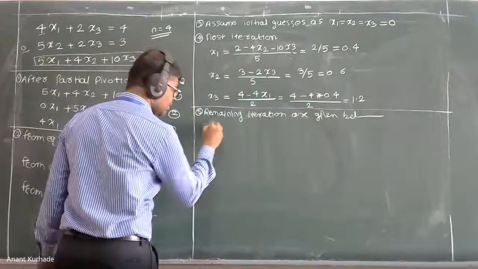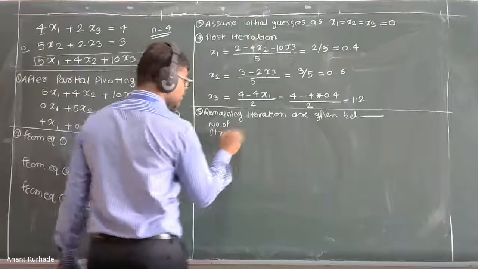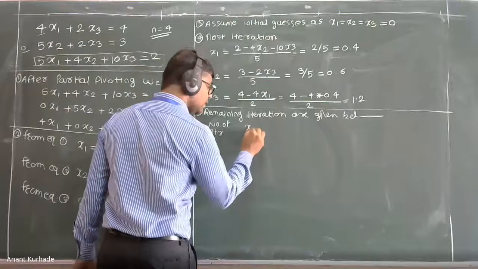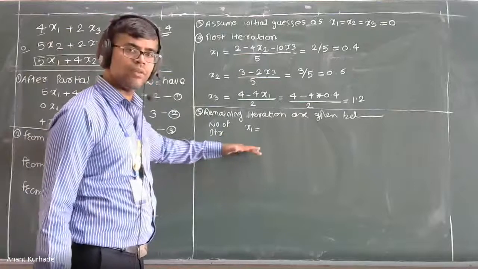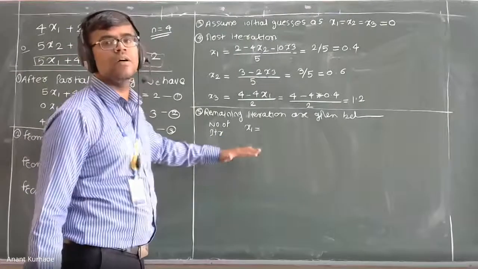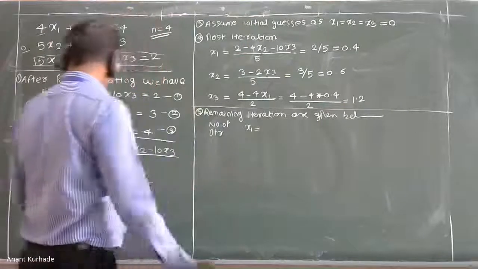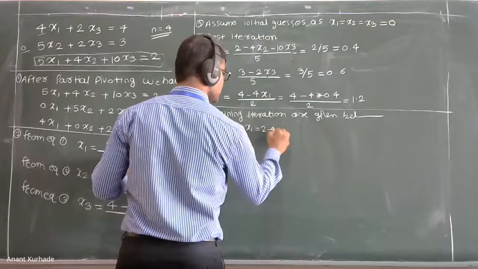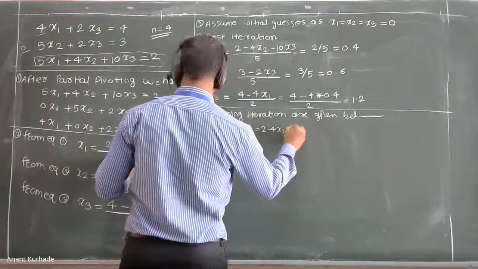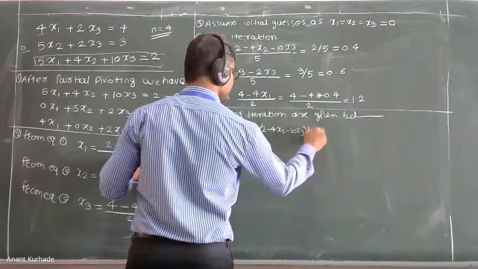So first we have the number of iterations. Next one is x1. Here also you can write this. And while writing iterations 1, 2, 3, 4, please leave one blank line. Now for x1 you can use this formula: 2 minus 4x2 minus 10x3 divided by 5.